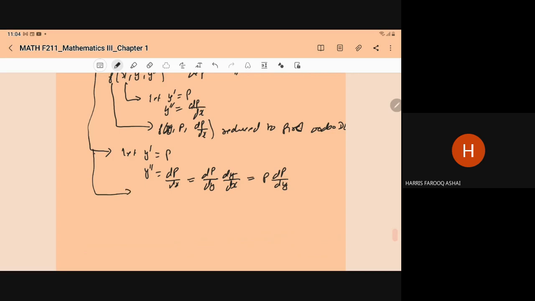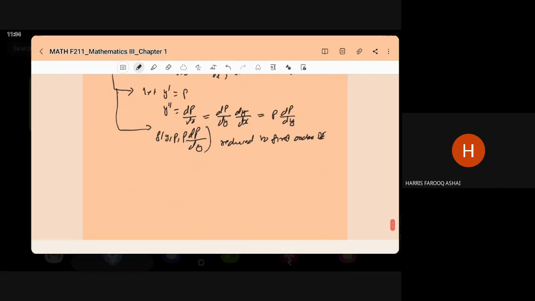This will give you f of y, p, and p dp by dy. With this approach we have reduced to a first order differential equation, and whatever knowledge of first order differential equations you have, you can apply.